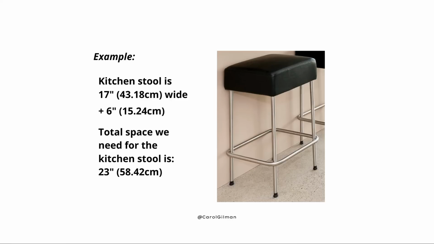And this will depend on the stool. If you have a larger stool, or maybe even something that's a little smaller, you may be able to adjust that a little bit. But ideally, it's kind of nice to have 6 inches in between each stool. So if we add on 6 inches to each stool, that will leave 3 inches on either side.